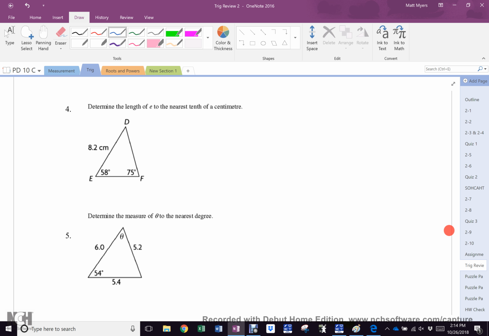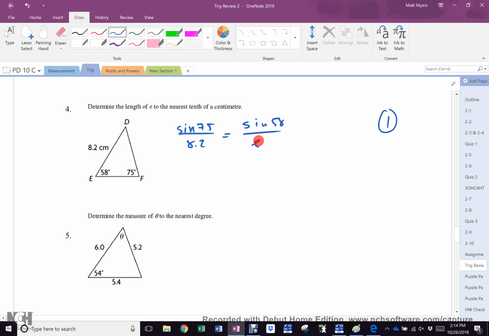Cosine law or sine law? This one is sine law. Sine 75 over 8.2 equals sine 58 over the unknown side. Or you could reverse the letters, right? You could flip these. Both are acceptable. If you have this written, go ahead and take your mark.